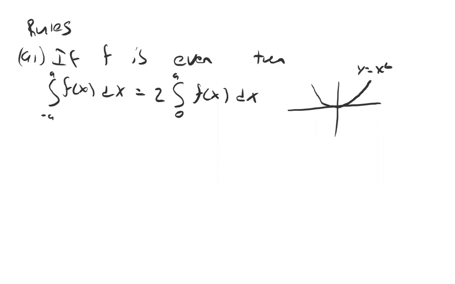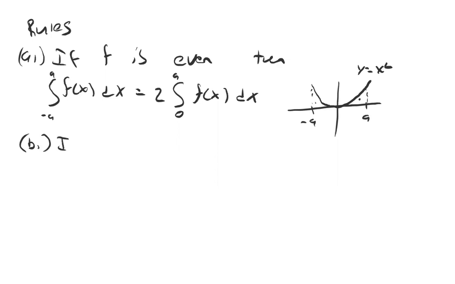Let's say I want to do the integral between these two points, negative a and a. The idea is that these two areas on the left and the right are the same area. So instead of doing the whole integral, I can just do half the integral and multiply it by 2. That's the reasoning behind this theorem. And again, the proof's not too hard. If you can do it, that's pretty cool at this point.